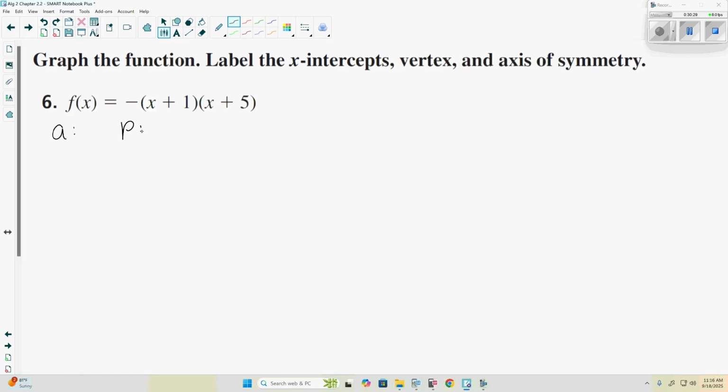A, P, Q. Okay. Looking at this here, what's the value of A, P, Q? A is -1, yes. P is -1, and Q is -5.